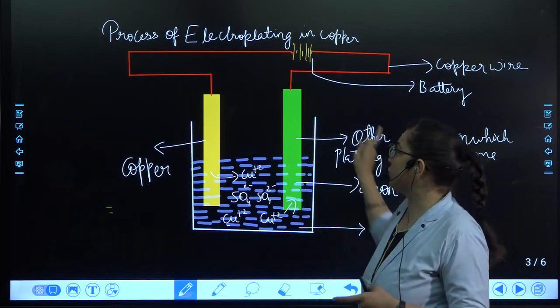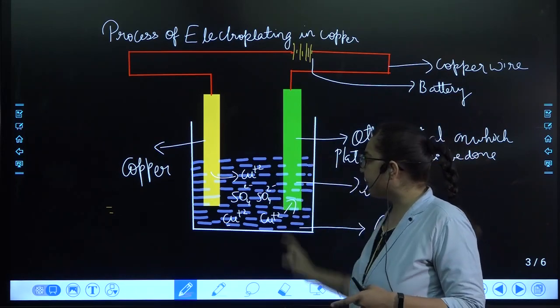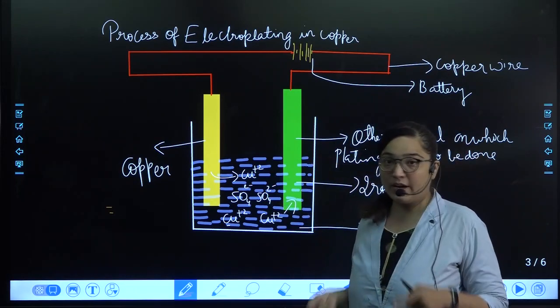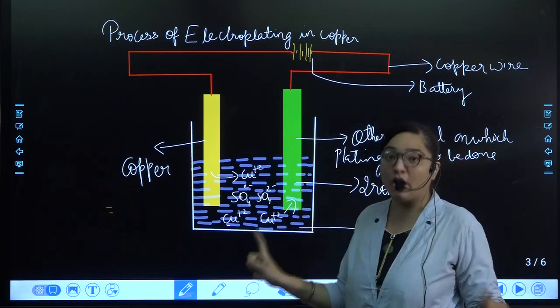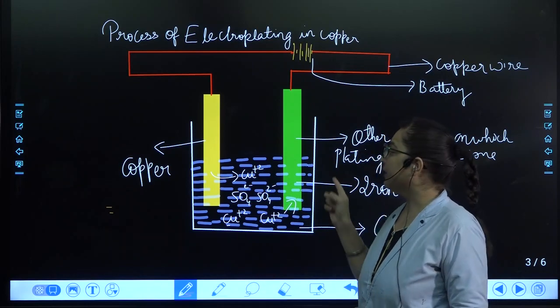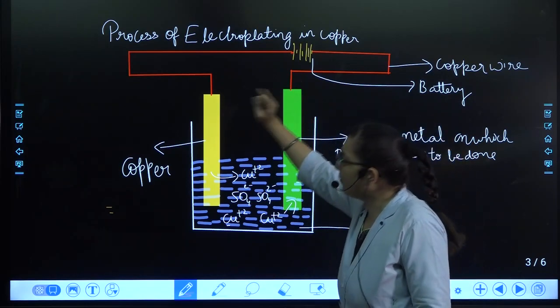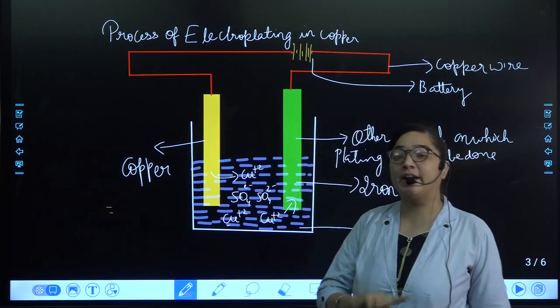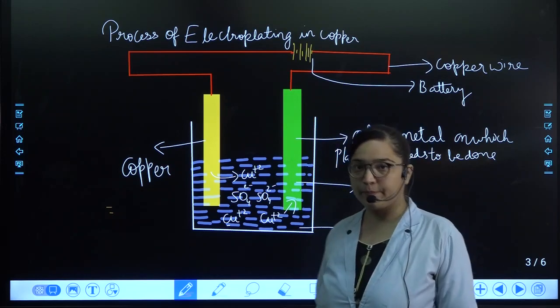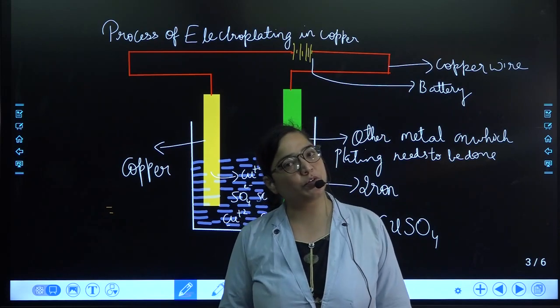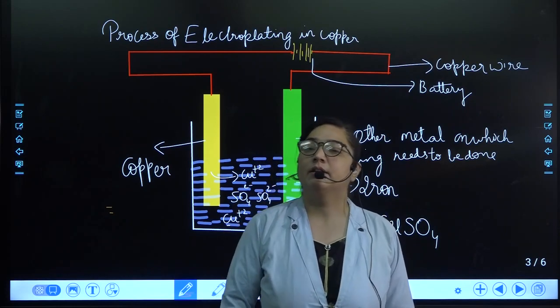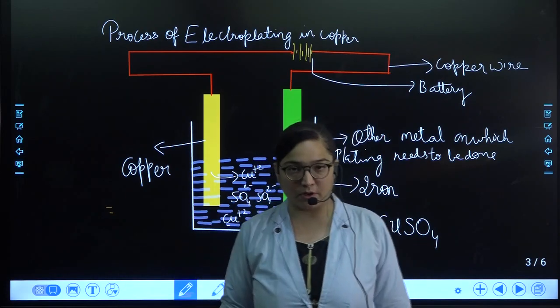Once the Cu2+ goes over here, it gets reduced into Cu. The SO4 2- ion will not get oxidized. Then from the anode, Cu will get converted into Cu2+, and the total amount of Cu2+ in the solution will remain the same. This is about the whole of the process.